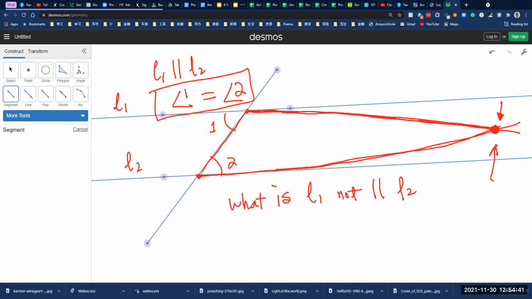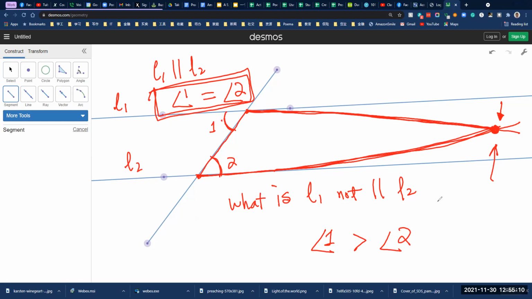Now, if it's a triangle, what happens to this angle in relation to that angle? Then we know this is the exterior angle. So angle 1 has to be greater than angle 2, right? But we just said angle 1 and angle 2 are the same, are congruent. So we came to a logic contradiction. Now, how do we resolve the logic contradiction?